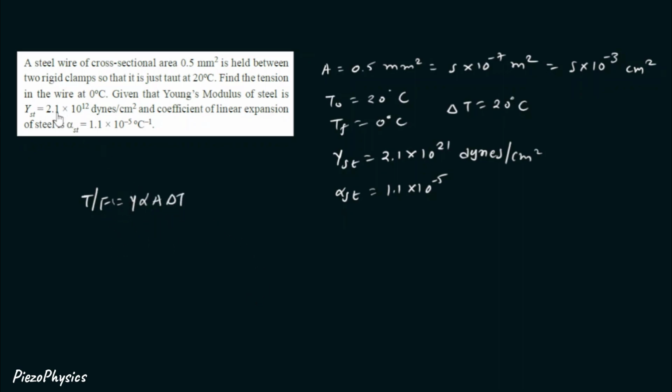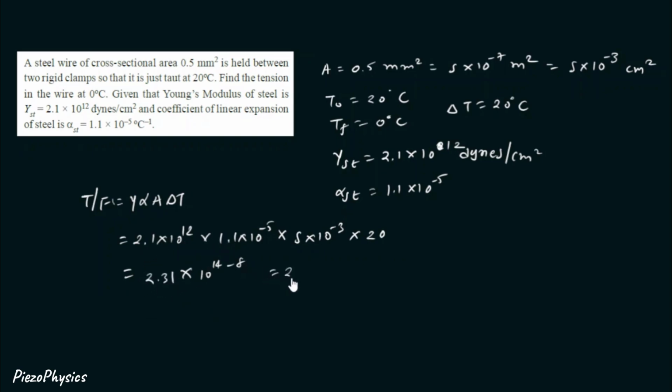Young's modulus we have 2.1 into 10 power 12, right? So 2.1 into 10 power 12 into alpha, which is 1.1 into 10 power minus 5. Area of cross section is 5 into 10 power minus 3 and delta T we have 20, right? 5 into 20 will be 100, so 10 power 12 plus 100 will be 10 power 14 minus 8, and 2.1 into 1.1 will be 2.31.